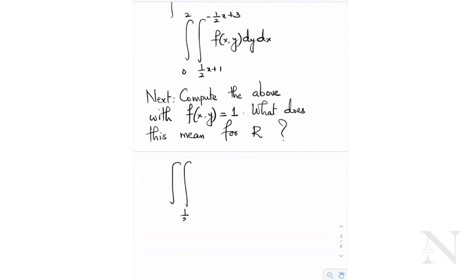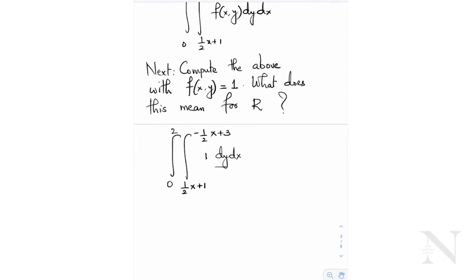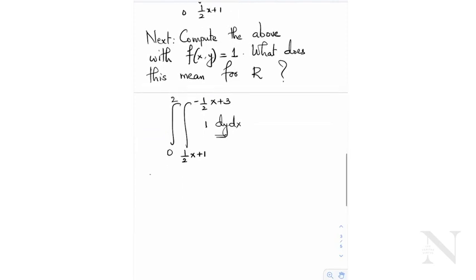So let's see. It's going to be, assuming that I got my equations correct, okay, the integral of 1 dy dx. Remember the iterative process: you do the inside one first. Okay, so you could do this as a separate one, or you could do it right there. It's up to you. The integral of 1 dy would be just y from 1/2 x plus 1 to negative 1/2 x plus 3.